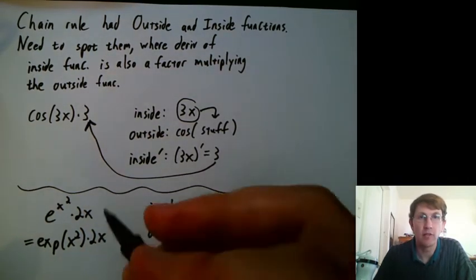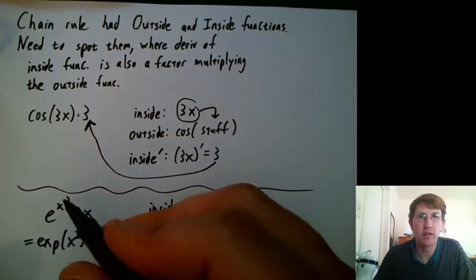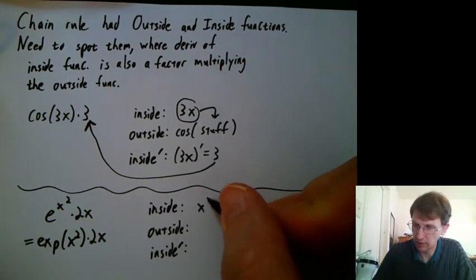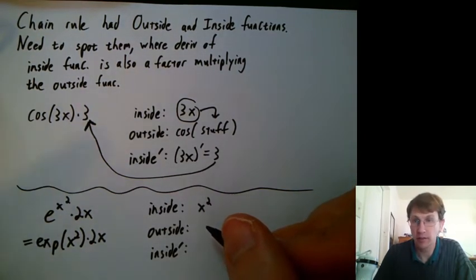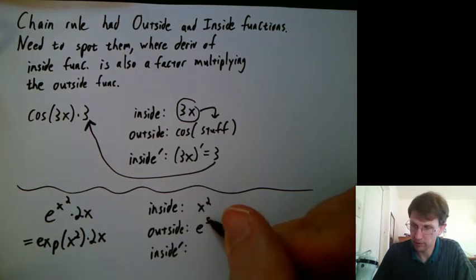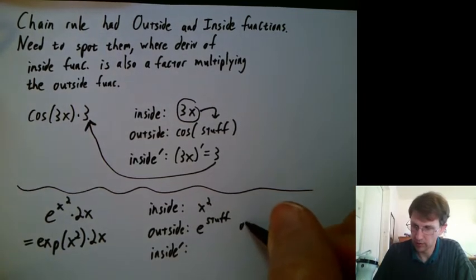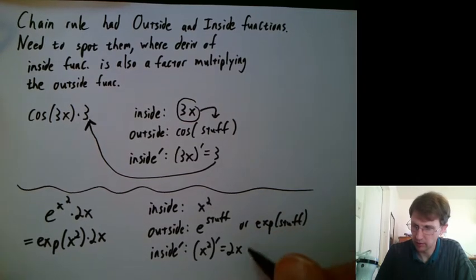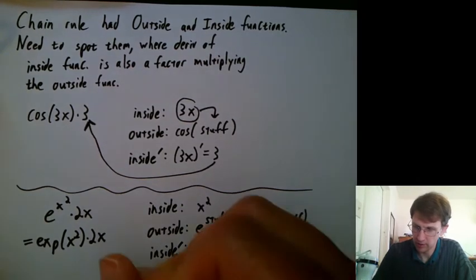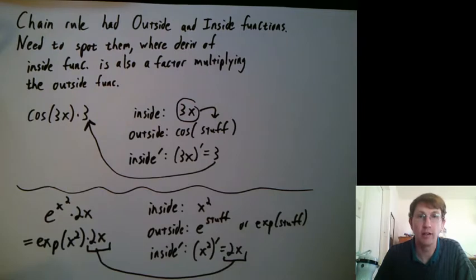You'd say the inside function, maybe it's more obvious here than there, is x squared. The outside function is e to the stuff, or you could say exp of stuff. And the inside's derivative is 2x, which, wonder of wonders, is sitting right there.